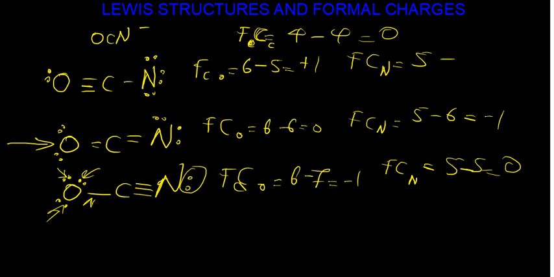Now in this compound, what's the formal charge assigned to nitrogen? So in this compound, the formal charge assigned to our nitrogen is, the valence electrons assigned to our nitrogen, they are 6 plus that one which is 7. So that is giving -2. Okay, like that.